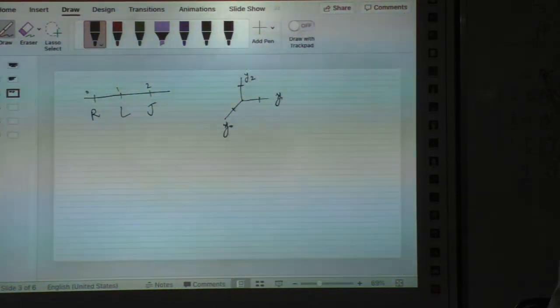When it is here, it is rose. When it is here, it is lotus, and here, jasmine. Do you agree with this? So now if something is somewhat like rose and somewhat like jasmine, it will lie somewhere here, which means your value will be 0.5, 0, 0.5. So it is not necessarily a lotus. That is why we use one-hot encoding.